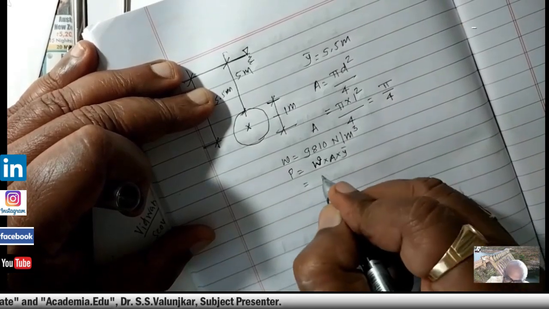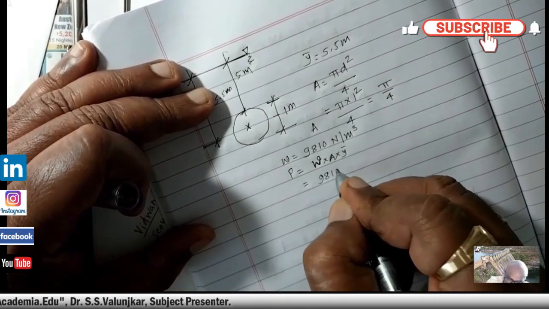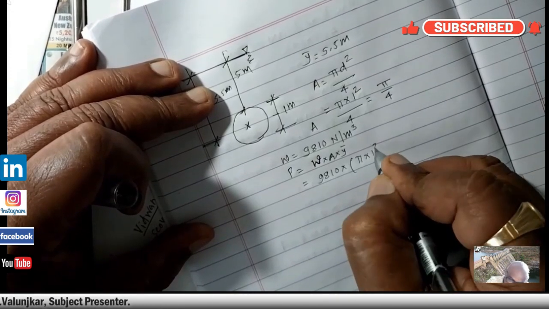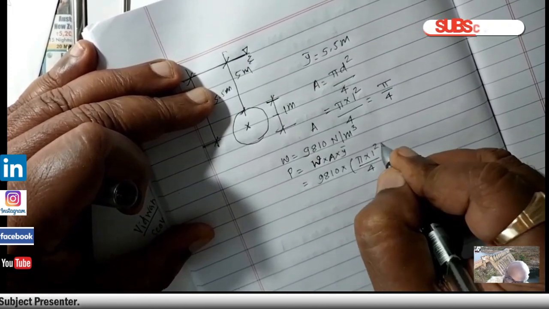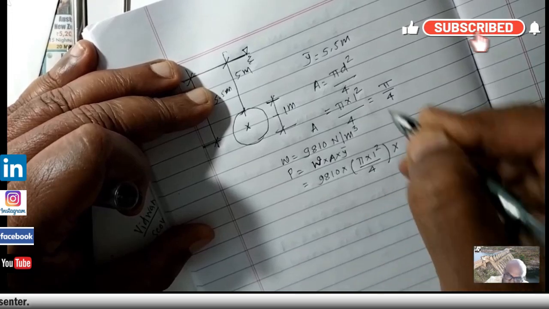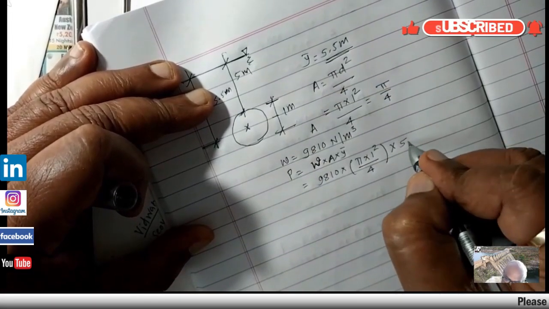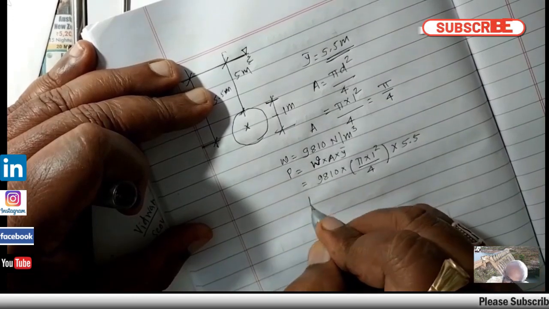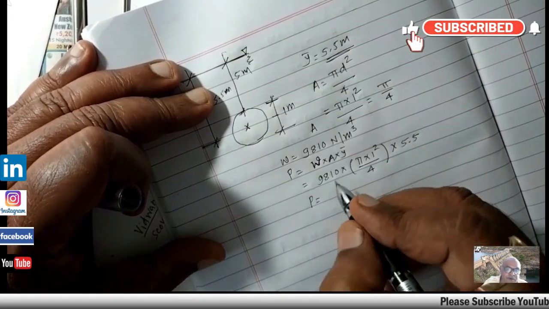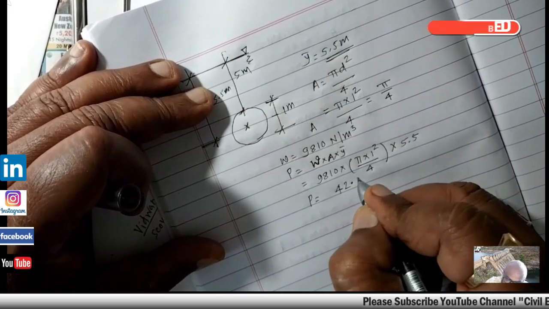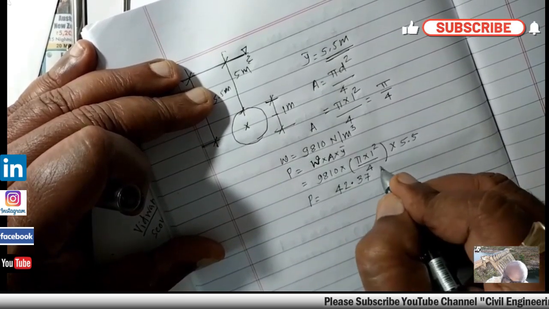So that is equal to 9810 into pi into 1 square upon 4 into Y bar, which is 5.5 meter. So P is equal to 42.37 kilonewton.